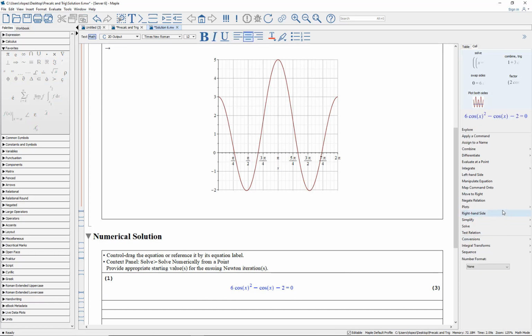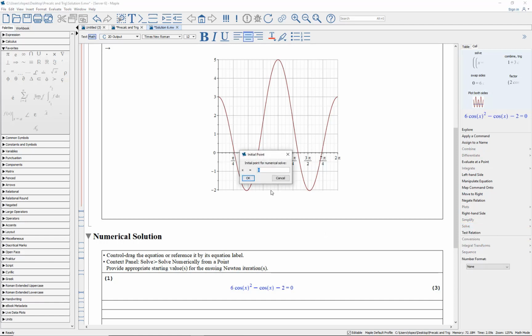Let's try solve. And if we simply say numerically solve, we have no idea where Maple will start a Newton iteration. So instead, numerically solve from a point.